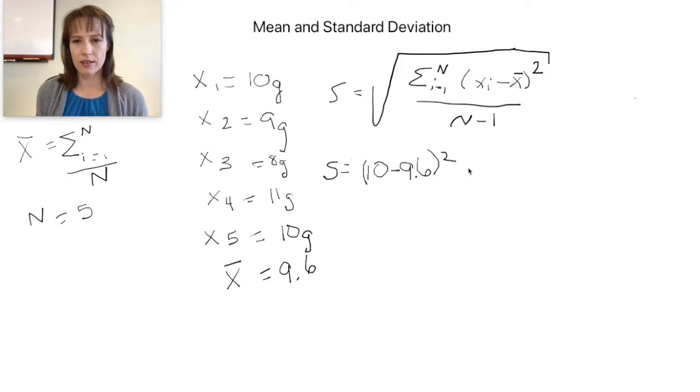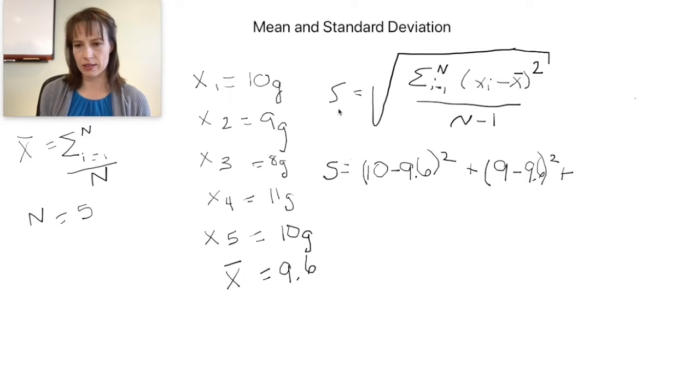Then this summation sign means we just move right on to the next sample point. 9 minus 9.6 squared. And on to the next sample point, the third one. So we're now on x sub 3, which is sample point number 3, and we have to take 8 minus 9.6 and square that.